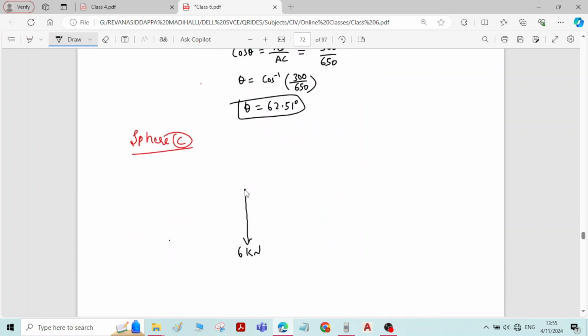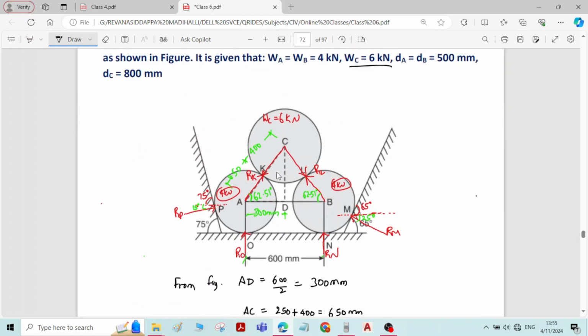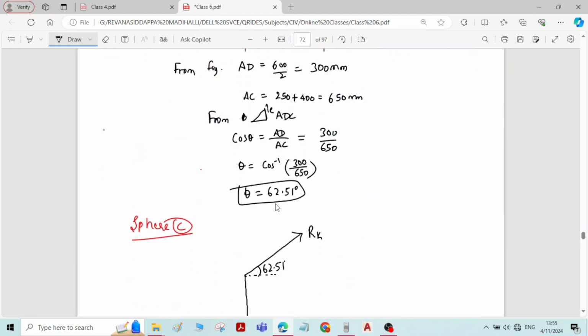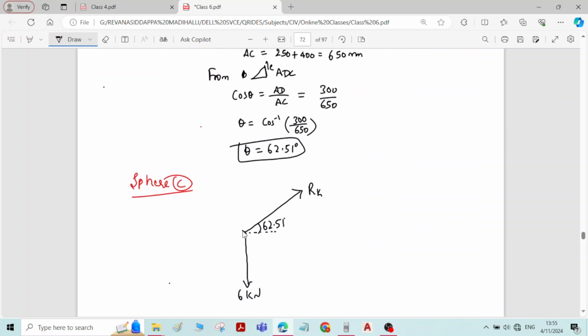Now for sphere C there is reaction from sphere A, that is RK, in right top corner like this, and horizontal inclination of RK is 62.51 degree. And for the same sphere C there is reaction from sphere B, that is RL, along the left top direction. Here also we have the same angle, 62.51 degree.